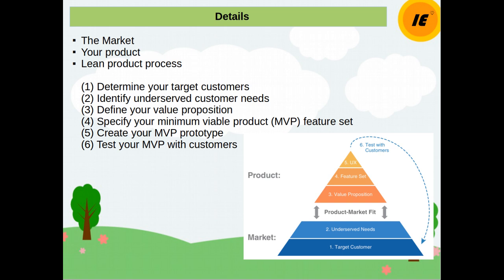However, with products delivered via the web and mobile devices, the distinction has been blurred, as indicated by the popular term software as a service, SaaS. For software, the product itself is intangible code, often running on servers that the customer never sees. The real-world manifestation of the software that customers see and use is the user experience, which is the top layer of the product market fit pyramid.